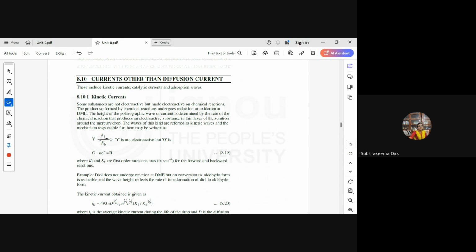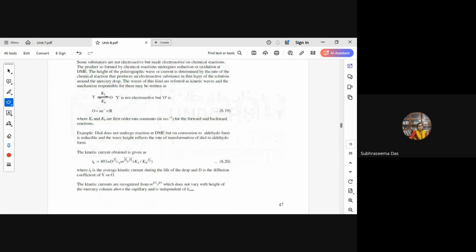The product so formed undergoes reduction or oxidation at the DME. The height of the wave is determined by the rate of the chemical reaction. Waves of this kind are called kinetic waves. In the forward reaction, the rate constant is Kf, and in the backward reaction, it is Kb, where Kf and Kb are the first order rate constants for the forward and backward reactions.